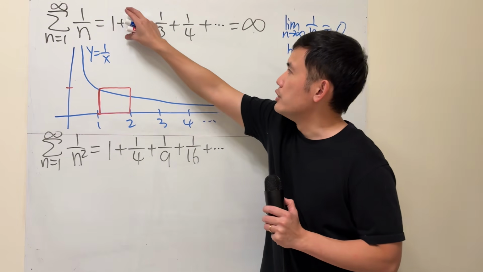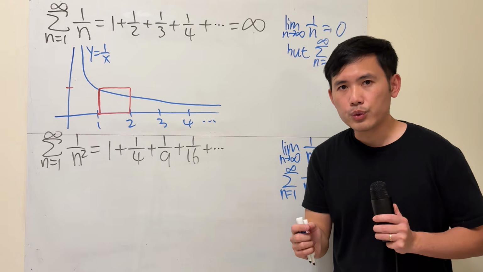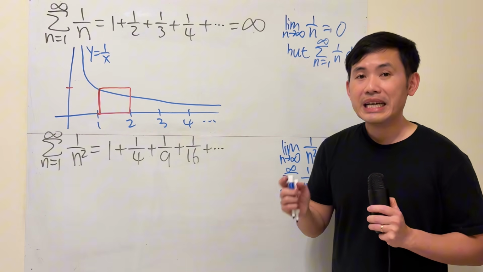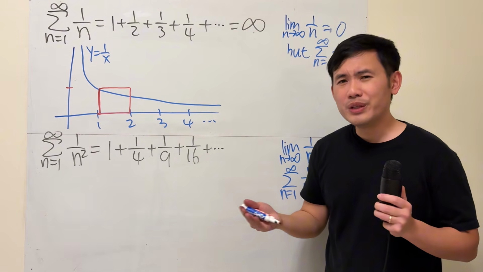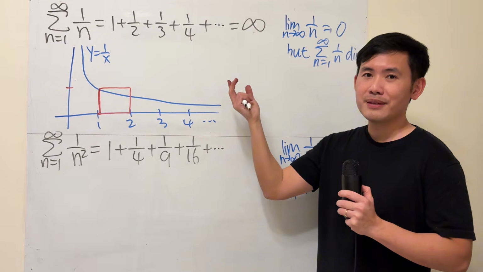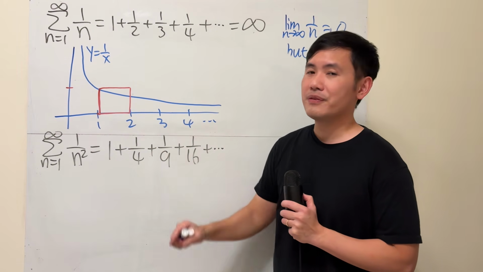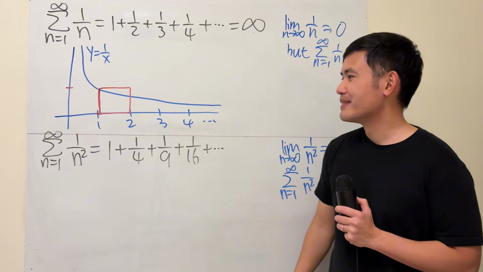If you can show something that's bigger than infinity, then you get to draw the conclusion that this thing must also be infinity. If you show this right here is less than infinity, you really cannot say anything because maybe you have a smaller infinity than that. So that's why this time I'm putting down the rectangles above. I want to have the extra room right here.